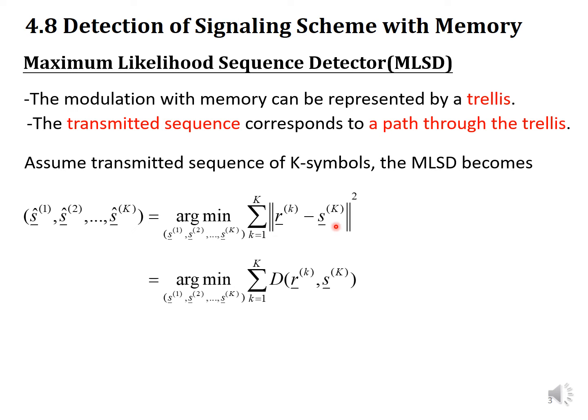We have to compare all the possible combinations of the sequence with the received sequence, and compare the distance between the received sequence and all the candidate sequences. So this is called maximum likelihood sequence detection.